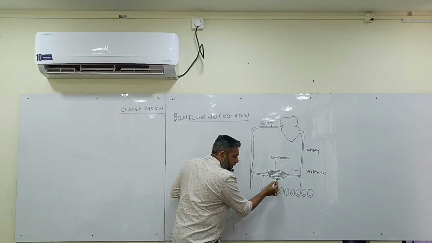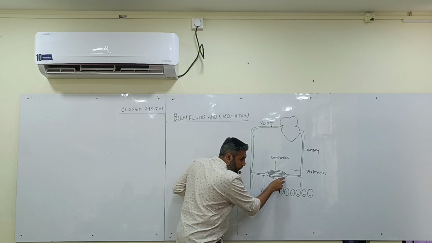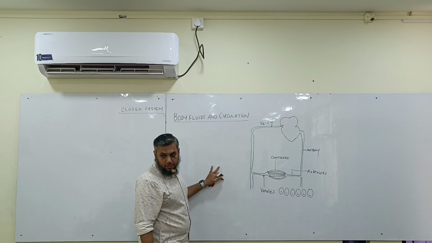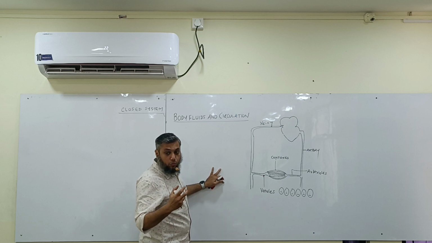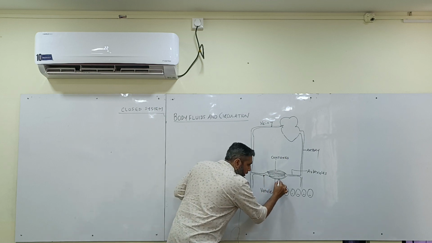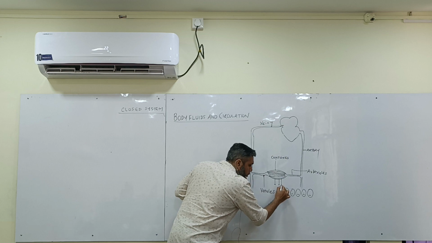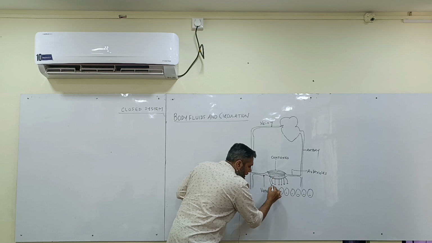So the capillaries say, "Do not fear, I am here. I am made up of squamous epithelium." And squamous epithelium is a diffusion boundary. It will allow the diffusion of water, gases, glucose, amino acid, sodium, potassium.